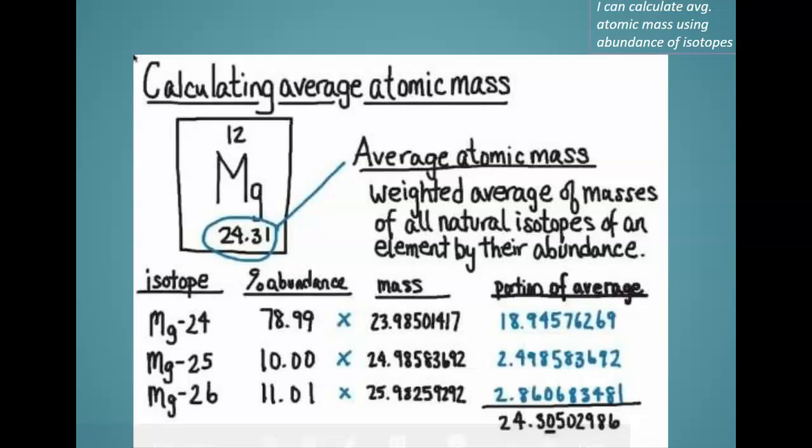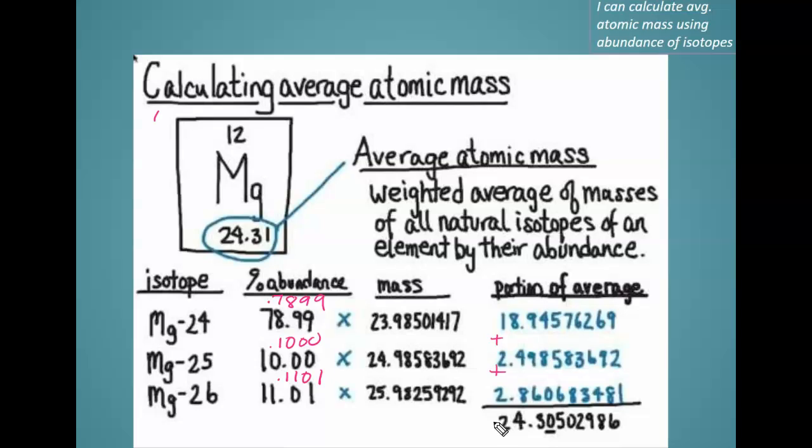And as you can see, when you look at the video, you'll see that this is actually a summary of what the video was talking about. And ultimately, when you get this calculation done, you're doing the percent times the mass, and you're remembering to show your percent in decimal form so that you can do the calculations correctly. And then you're going to be adding up each of your results.